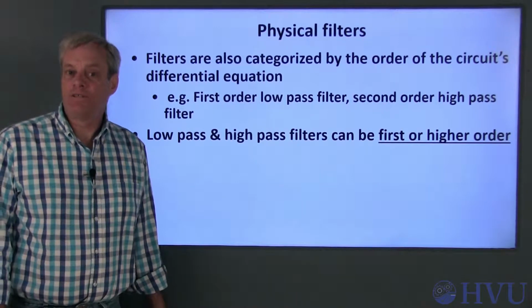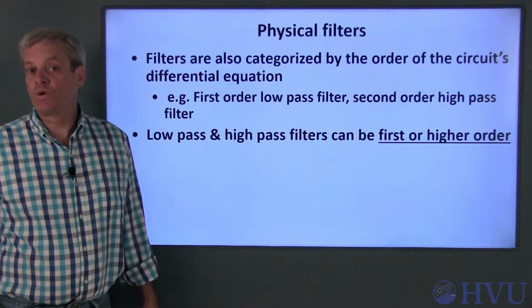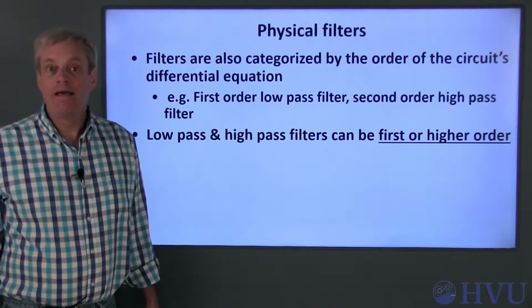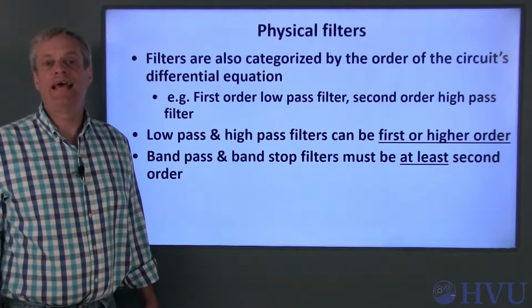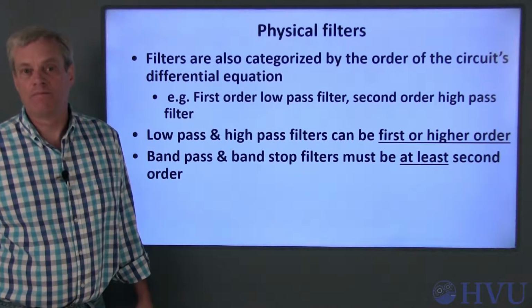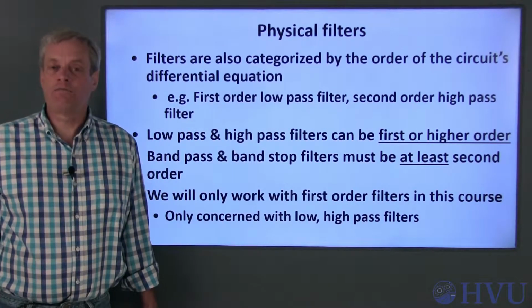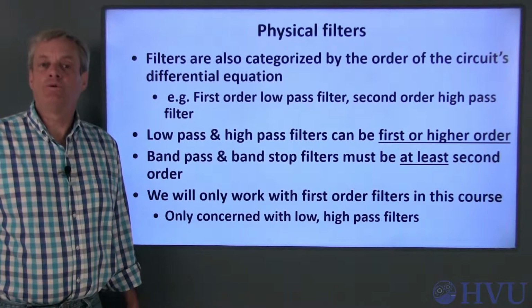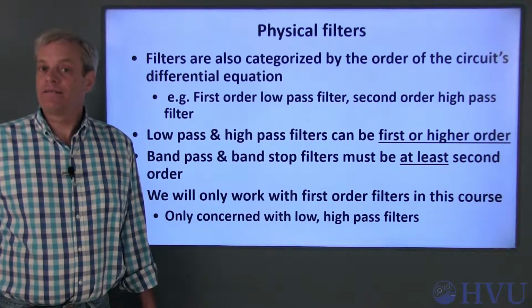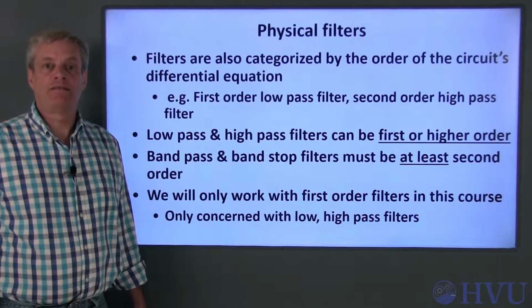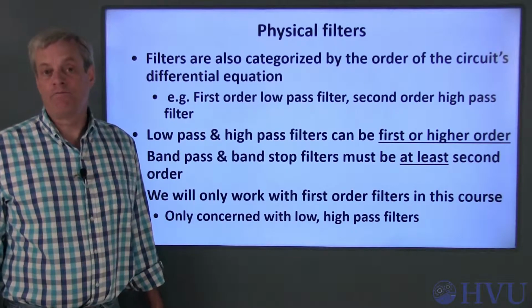Low and high-pass filters can be implemented with a first-order or higher circuit. In order to implement a band-pass or band-stop filter, you need at least a second-order circuit. In this class, I'll only cover first-order filters, so we will only be concerned with low-pass and high-pass filters. Next, I'll revisit a couple of circuits we've analyzed in previous videos in the context of filtering.